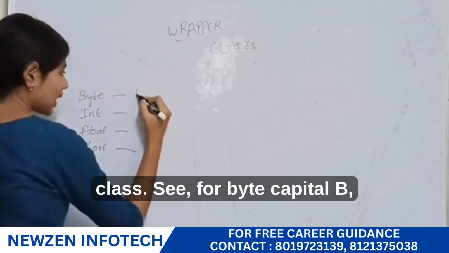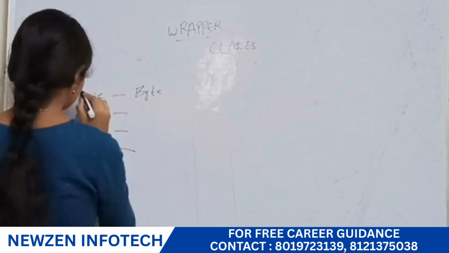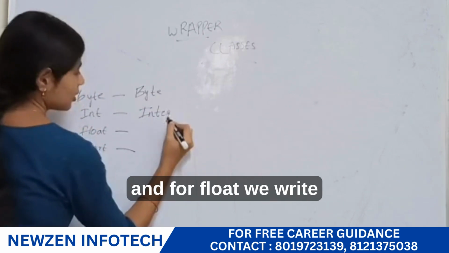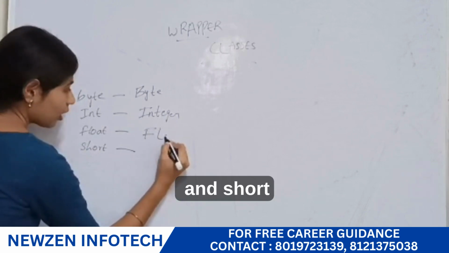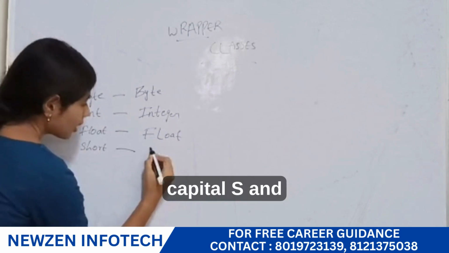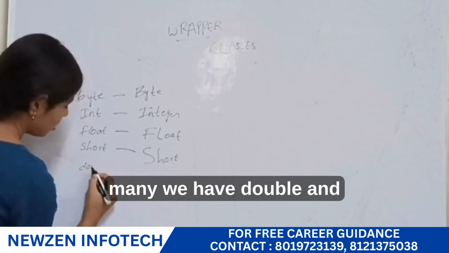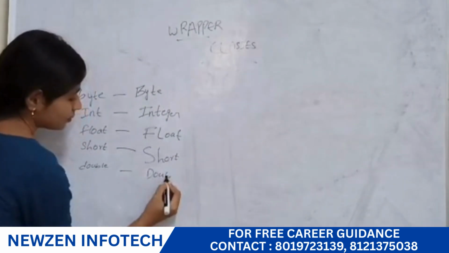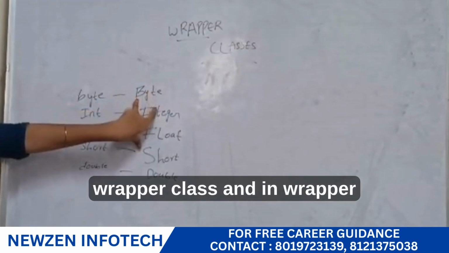For byte, we write capital B, Byte. For int, we write Integer. For float, we write capital F, Float, and Short with capital S, and we also have Double. Like this, for every keyword, we have a wrapper class.